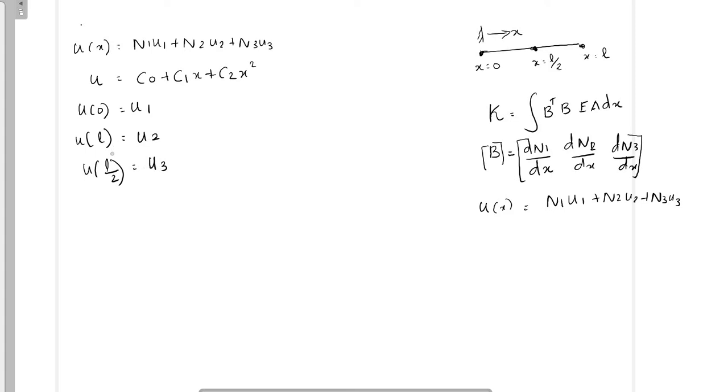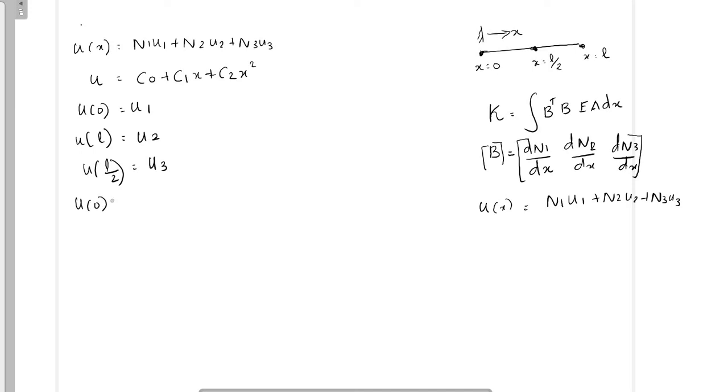So these are the initial boundary conditions we have assumed. With these boundary conditions, we try to find out the values of C0, C1 and C2, and we are going to assemble this equation in terms of U1, U2, U3 so that we can get the value of the shape function.